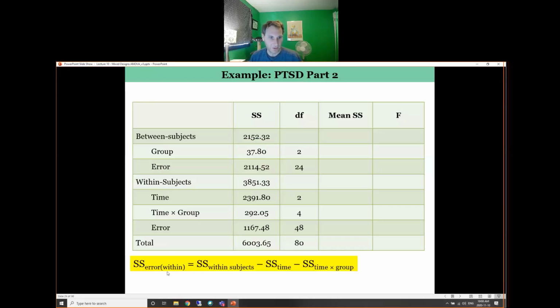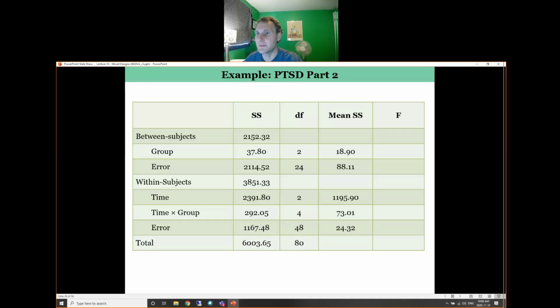Finally, my error term at the within subjects level is what's left over at the within subjects level. So I had a within subjects sums of squares, 3,851.33, and I subtract out time and the time by group, the other parts that are at the within subjects level, to leave me with my error term.